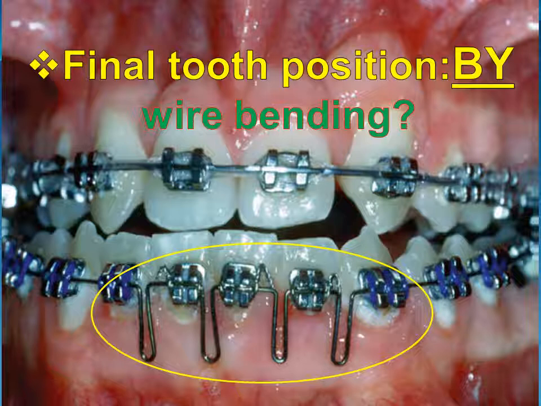There is a need for well specialist. Not any dentist can achieve such type of wire bending. Also, the final tooth position is difficult to be determined, although by wire bending. So, the other type of appliances is required.